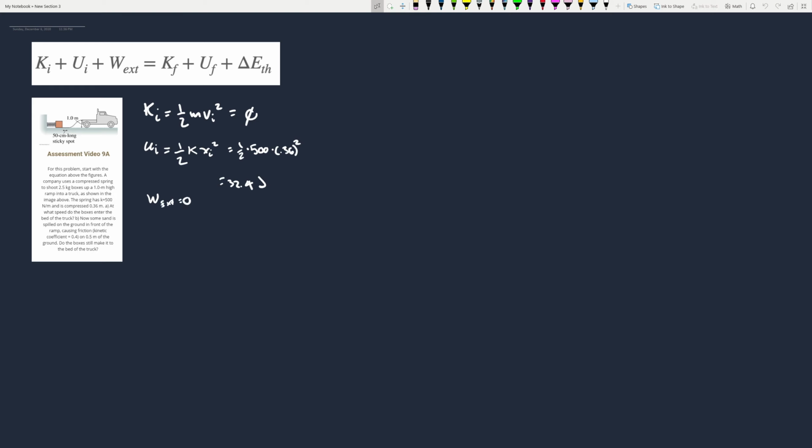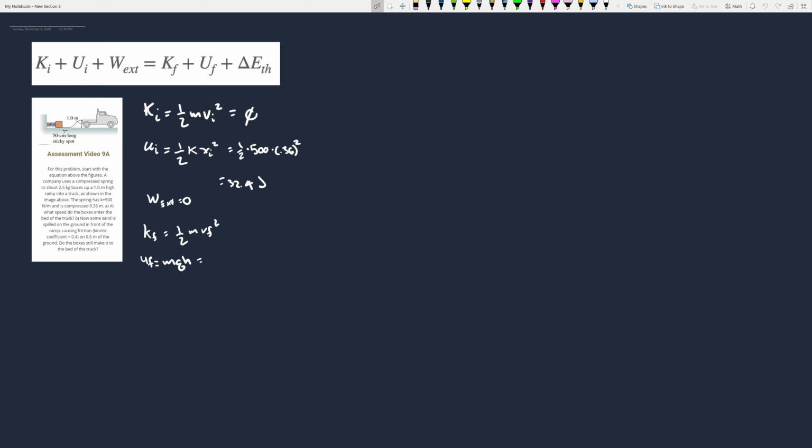There we go. So now we can start calculating our final energies. Our final kinetic energy is just going to be the same equation except using the final velocity. And then our potential is just the force of gravity, mass times gravity times the height.